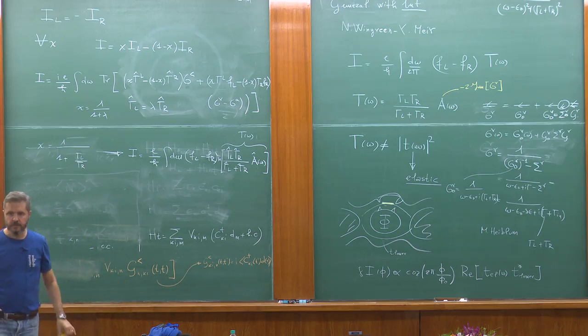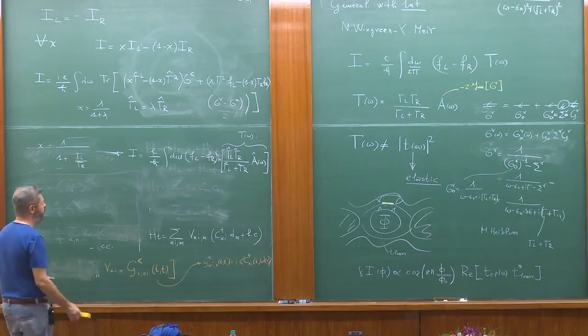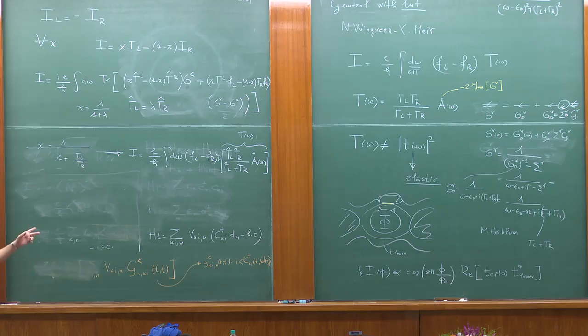So, yes? Here I'm taking a particular x, yes. If I choose another x, I will have a different expression, that is correct. But it's not a different current, because at the end of the day, if physics is physics and everything is correct, which I think it is, then you should always get the same current, right?